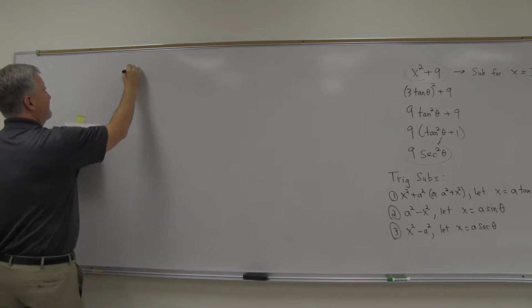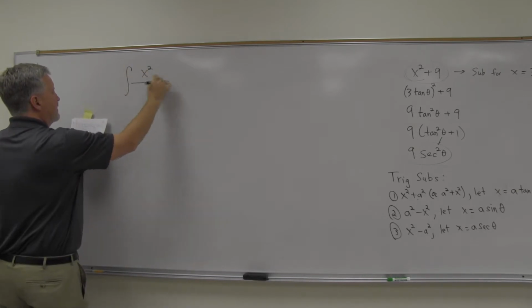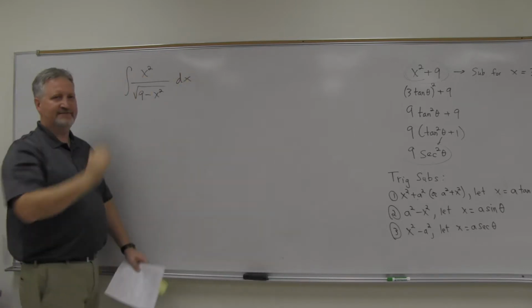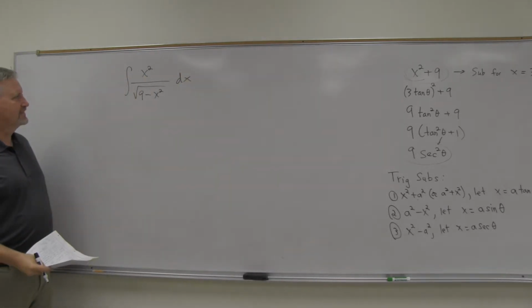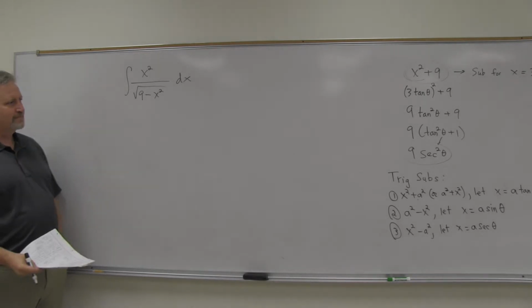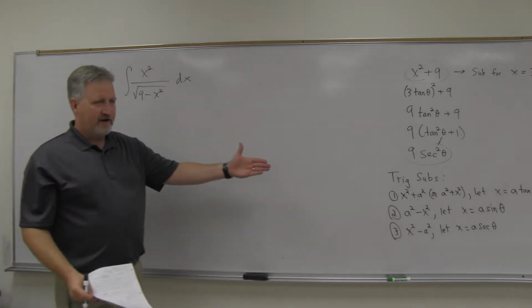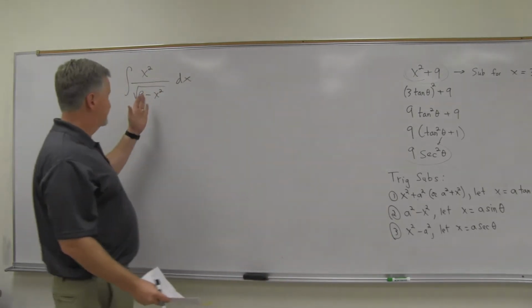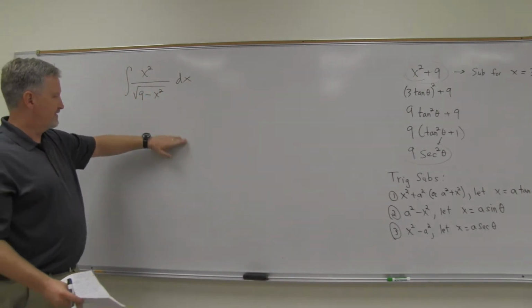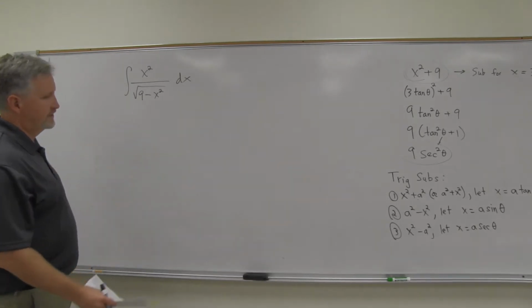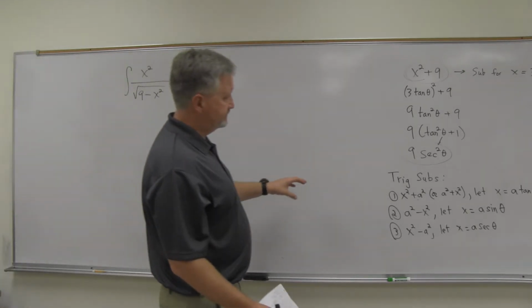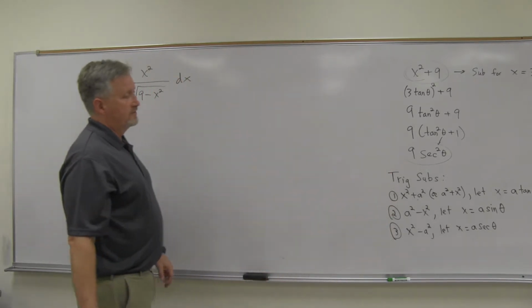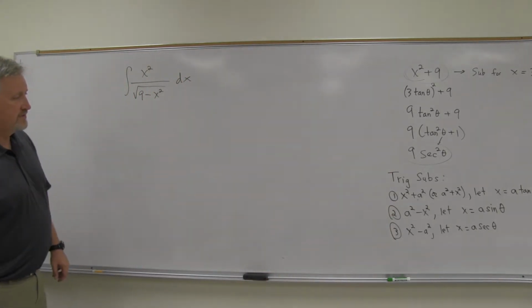All right, so let's go back to that one I mentioned. x squared over the square root of 9 minus x squared dx. Well, going by what we've been told, we already went through, we can't use it, it's not an inverse sine, unfortunately. However, looking here, which of these three do I have, do you see there that I might be able to do that trig substitution on?